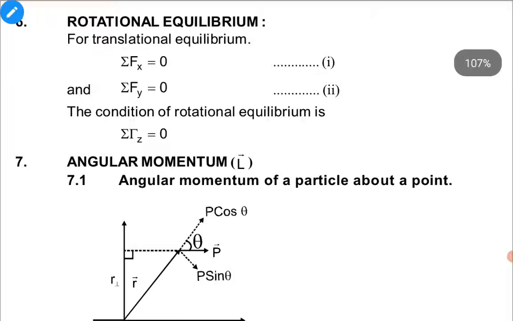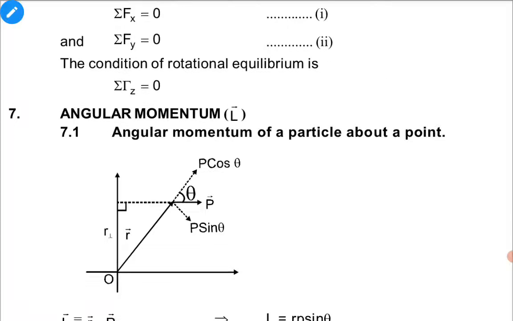Rotational equilibrium: for translational equilibrium, we have to take summation of all F_x equals 0 and summation of all F_y equals 0. The condition of rotational equilibrium is that the summation of all torques about z equals 0.